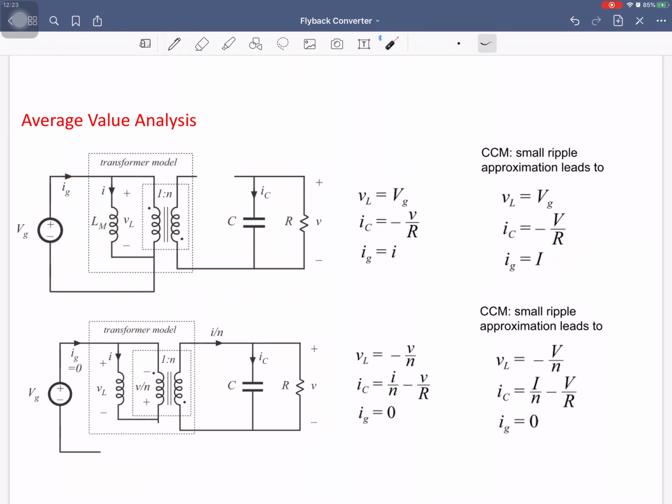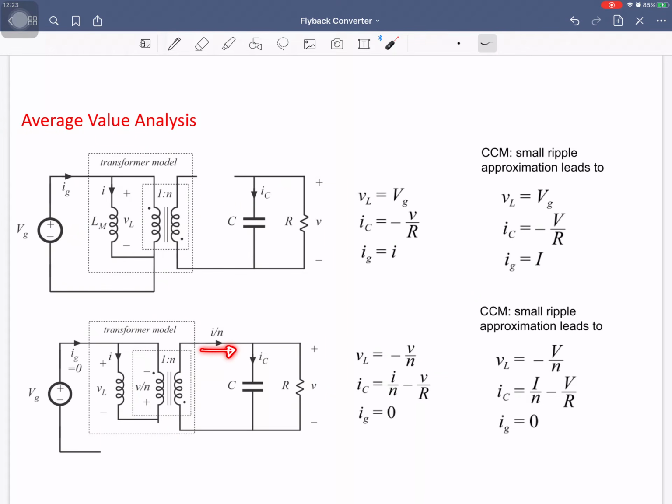And when your switch is in the off state, the second state, what's the voltage over here? The voltage over here is V, and that will be reflected back over here by the turn ratio, and the turn ratio is 1:n. So that is the voltage on the primary side. Now what's the current in the capacitor?